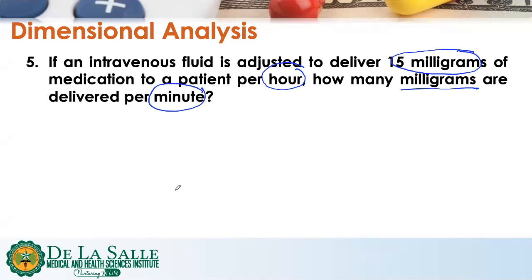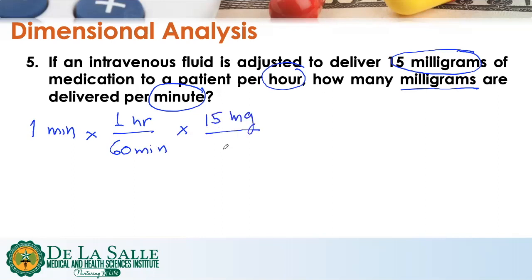So, in solving this problem using dimensional analysis, let us begin with 1 minute. We know that there are 60 minutes in 1 hour. Also, we know that the rate of delivery of the medication is 15 milligrams per hour.